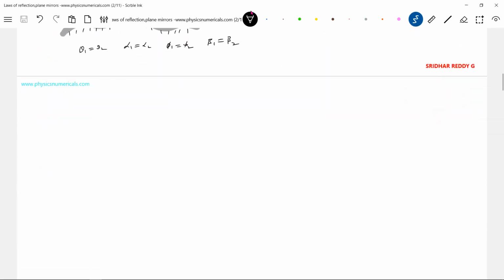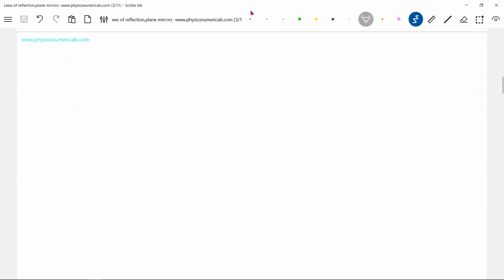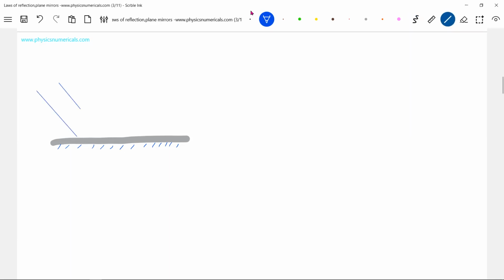Again, for reflection we have two types. One is regular reflection. Let me show it with other colors.